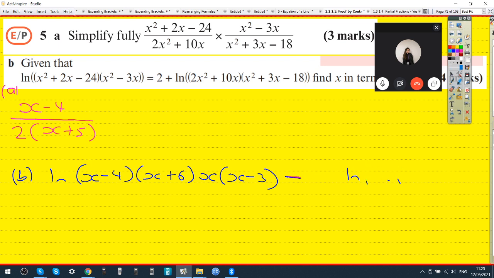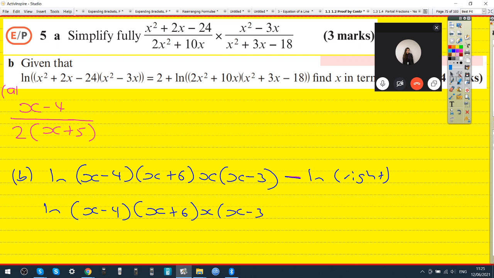Do you need to use an e thing? No. Log rules: to subtract them, you divide. So it is ln of the left one over the right one.